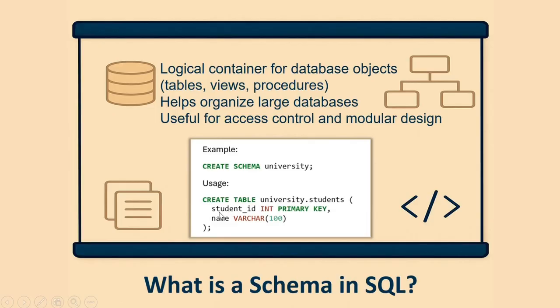And for the table, we can create the attributes: student ID, which is an integer. I will later tell you what the types of variables are, but I guess you know integer already. It is a primary key.